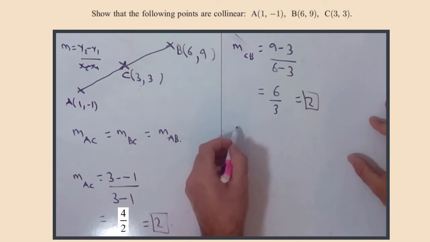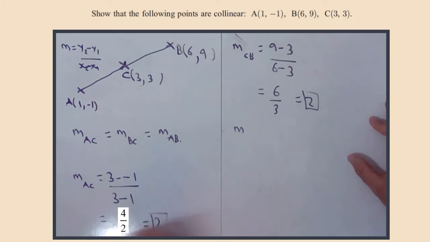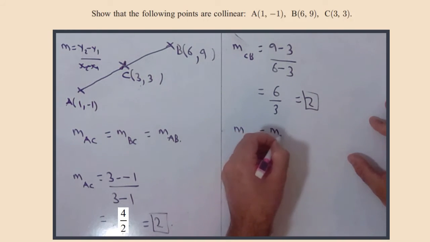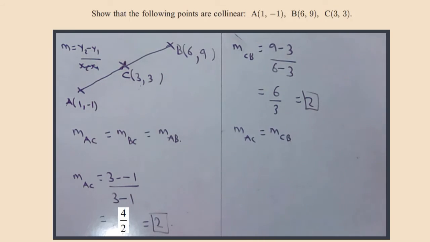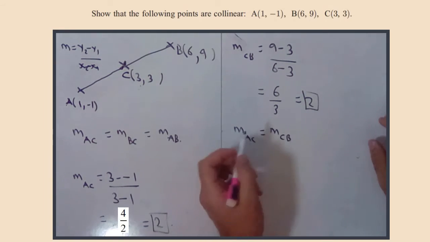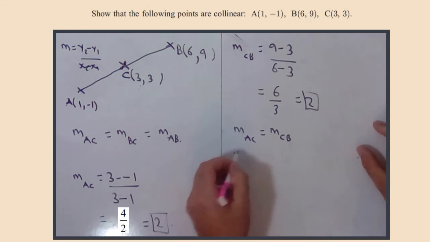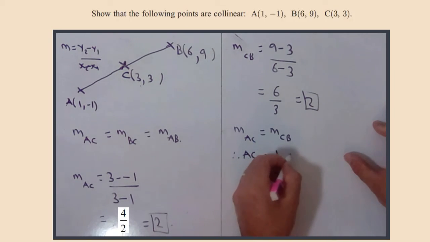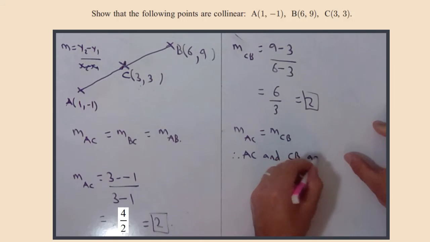So that means MAC equals MCB. So that tells us that the lines AC and CB are parallel.